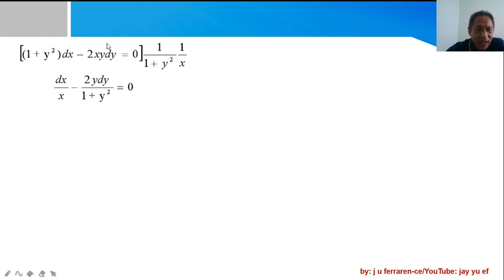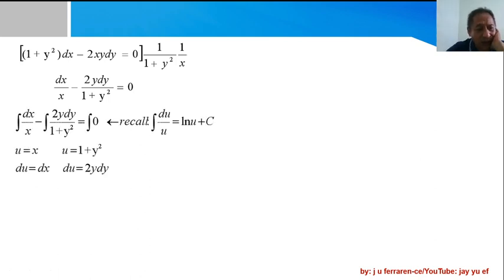I also have to remove the 1 over x. So do not let your 2 be associated with x; have your 2 be associated with y. This is now the resulting equation where the function in x is associated with the dx, and the function in y is also associated with the dy. So you can now proceed with their integrals.